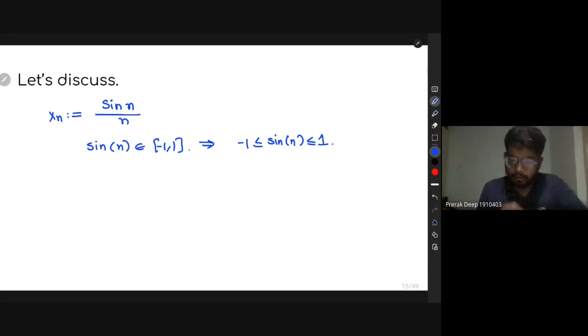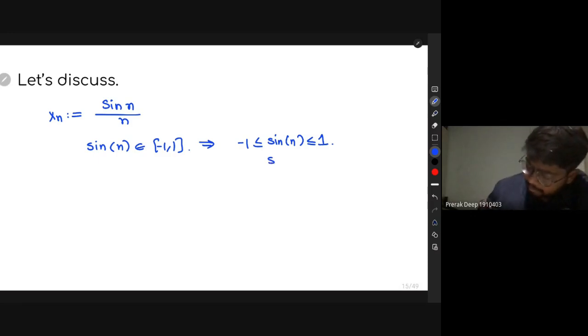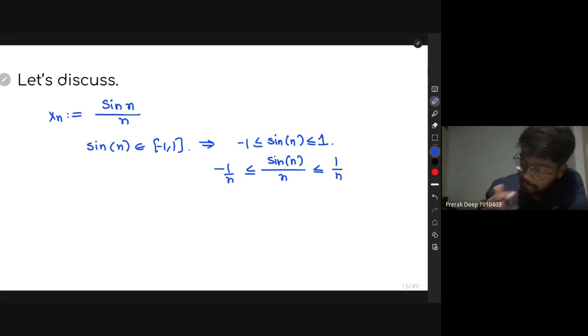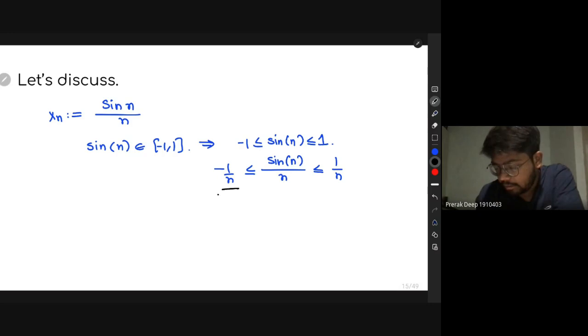Now if I divide this sin n by n, I will get -1 over n and 1 over n. So I have gotten an upper bound sequence and a lower bound sequence.